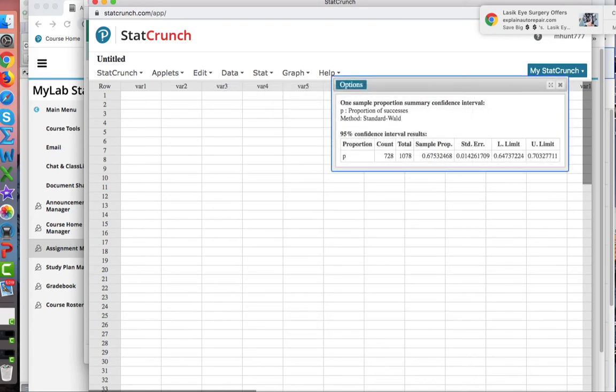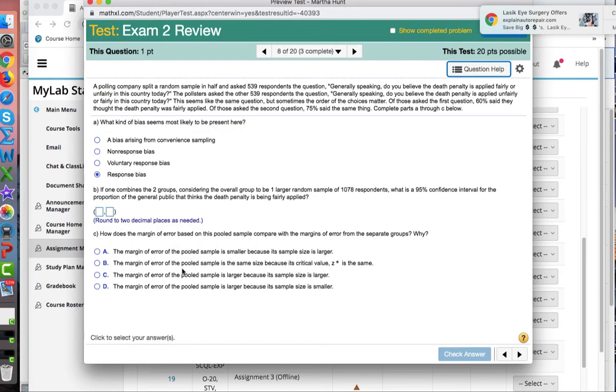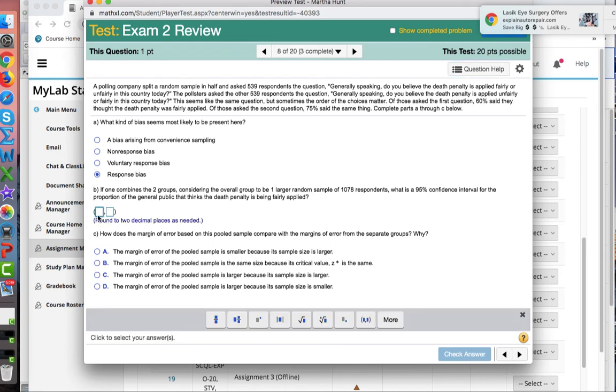So I'm going to jot down 4 decimal places, 0.6473 and 0.7033. We'll go back to our problem, and they want it in decimal form, not percent form, and they want 2 decimal places.